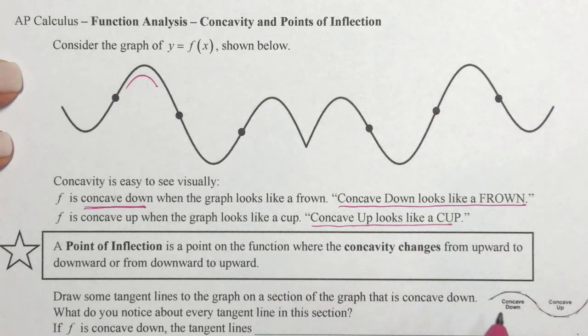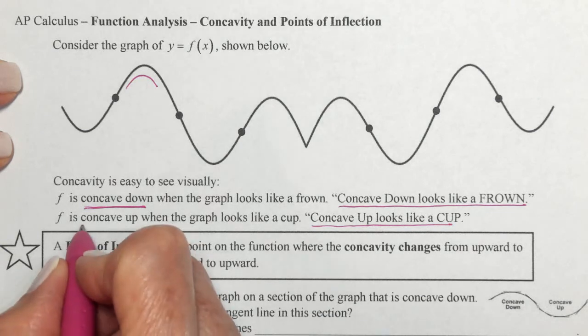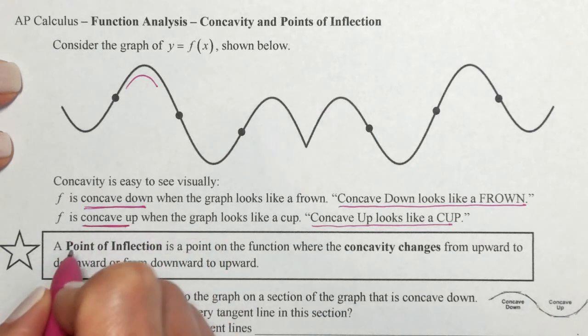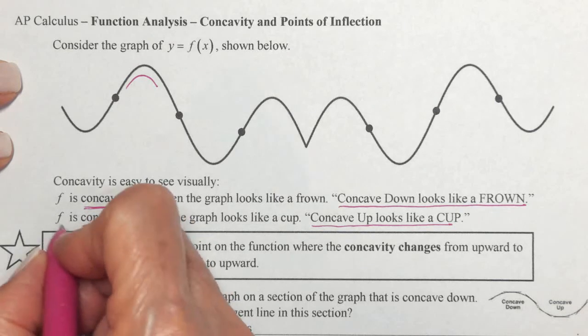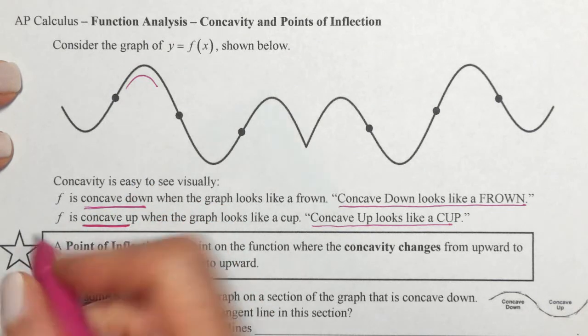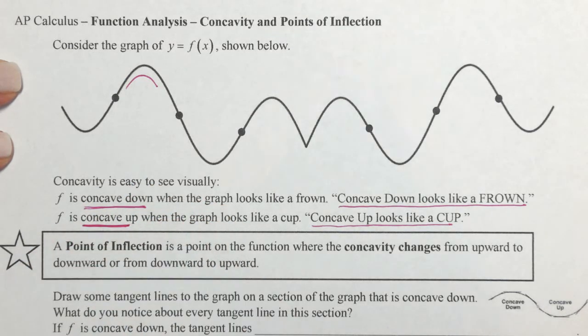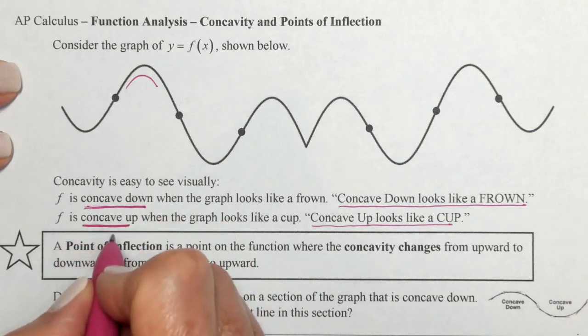I had a student a couple of years ago that came up with that, and I liked it because it rhymed. I still think of it as a smile, but whichever one works for you is great. So concave up looks like a cup or a smile, all right? It's a happy face. Concave up, you're cheering up, you're happy, right? Concave down looks like a frown.